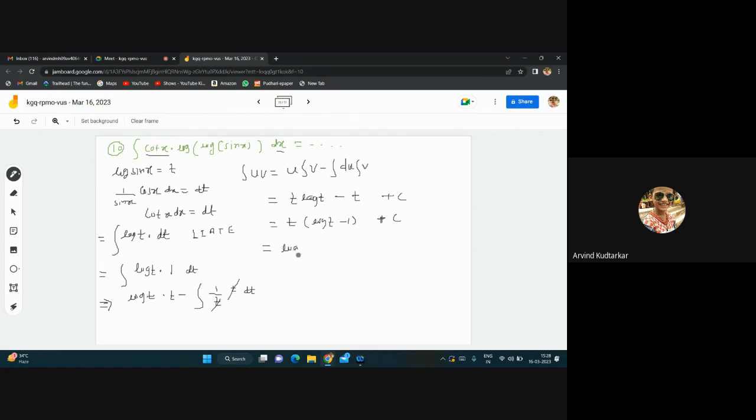So the solution is log of sin x into log of sin x minus 1, plus c.